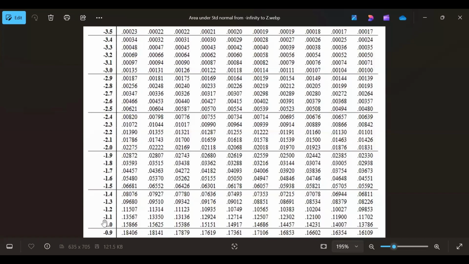This is negative 1.1, column 5, so we get 0.125. Straight away we can write that.